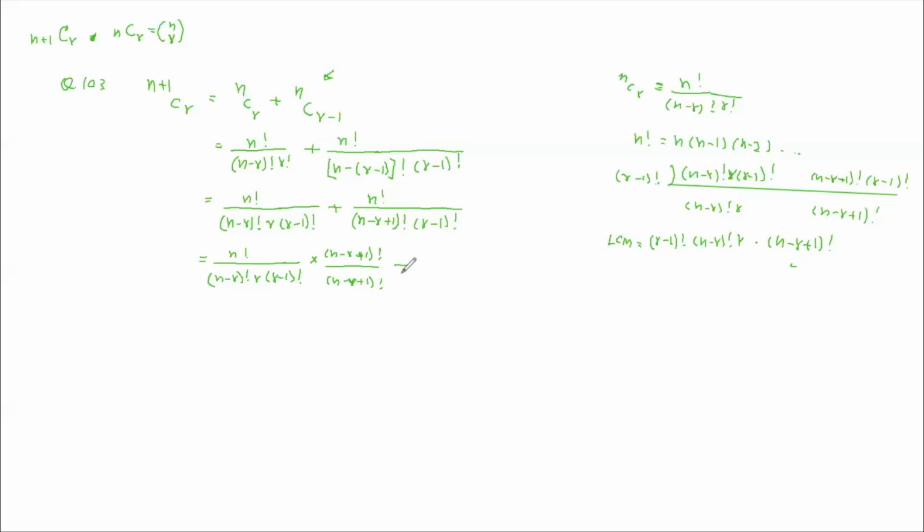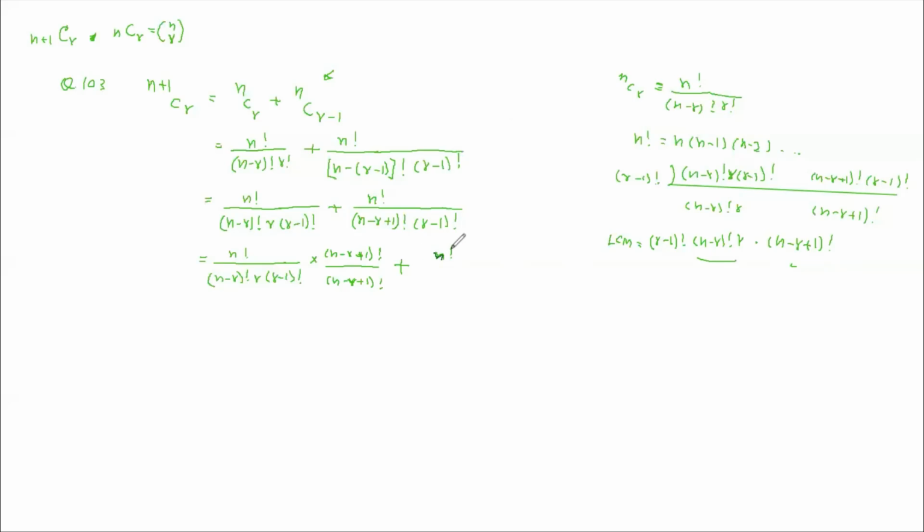And then plus also this term, right? This term we have n minus r plus 1 and also r minus 1 factorial. So that means we have to times this one, right, to make the same denominators. So it becomes n factorial. Maybe use a different color here.